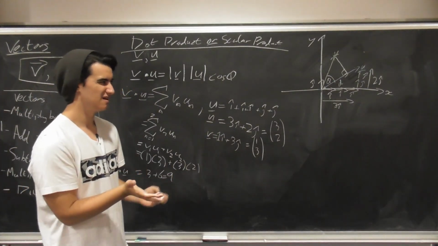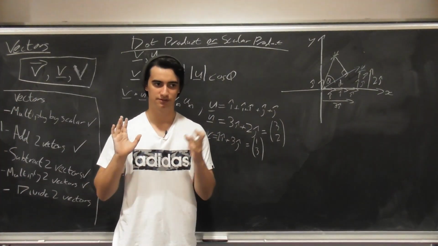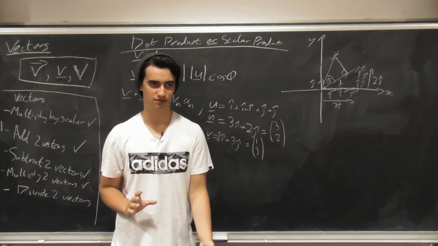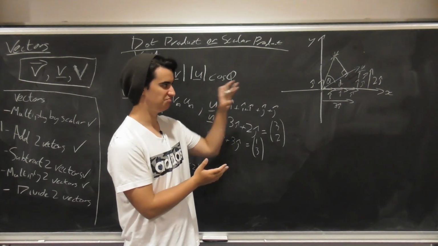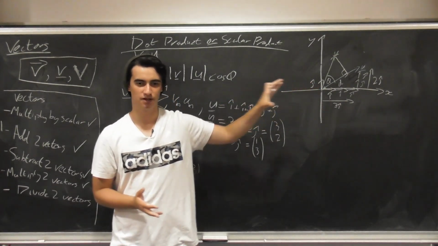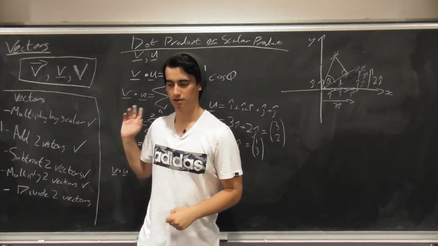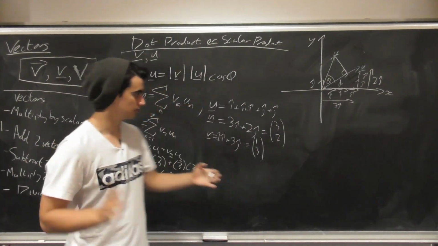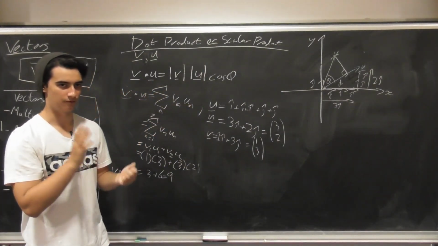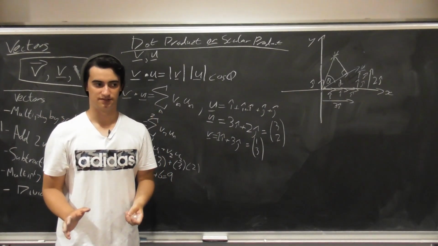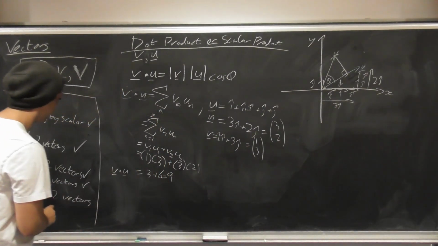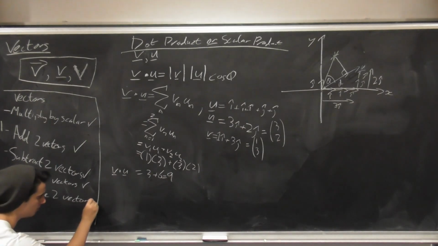There's no way to think about dividing 2 vectors. There's no graphical or geometric sense to it. And in vector algebra, there's no way we can think of dividing vectors, at least not in our sense here. So for division, we can't.